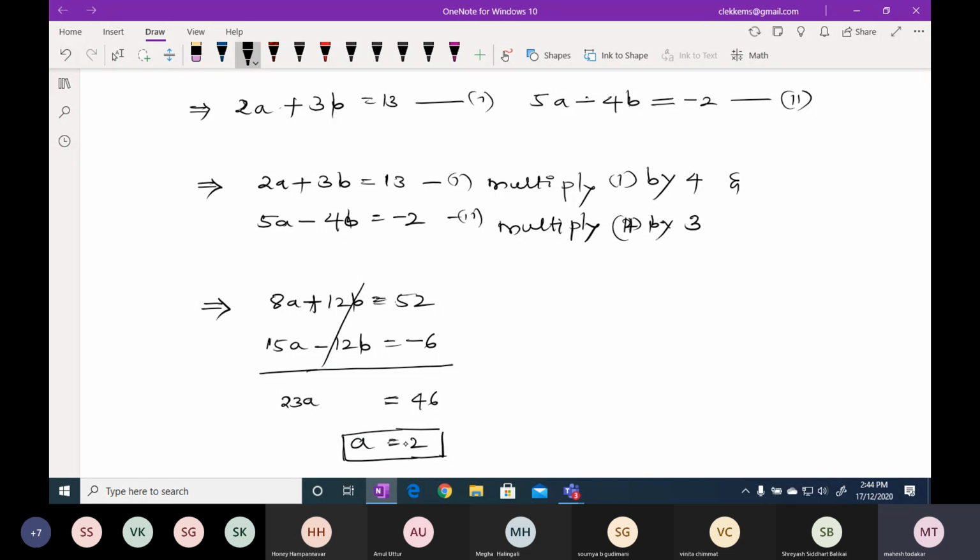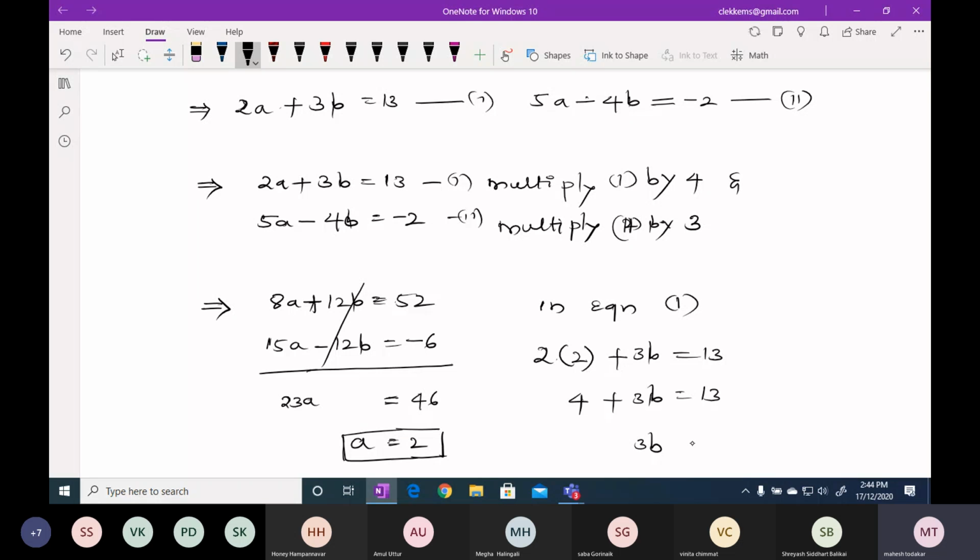Once you got a equal to 2, in equation number 1 you can substitute the value of a. So 2 into 2 plus 3b is equal to 13. This is 4 + 3b = 13.